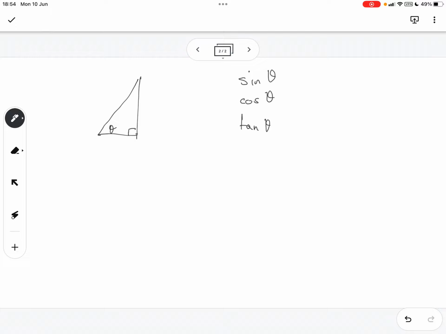So then in the same right angled triangle, we use the trigonometric ratios: sine theta, cos theta and tan theta.